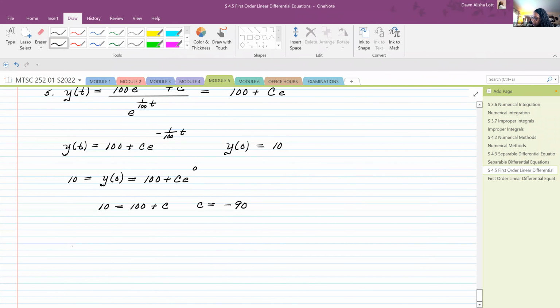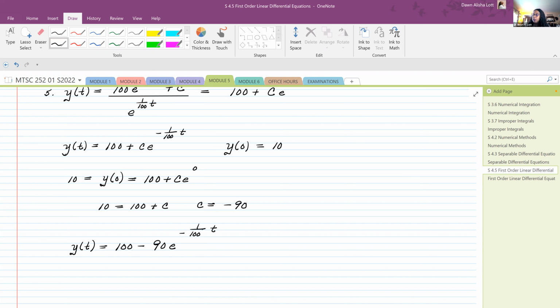So therefore, y of t is 100 minus 90 e to the negative 1 over 100 t. Yep, that makes sense.